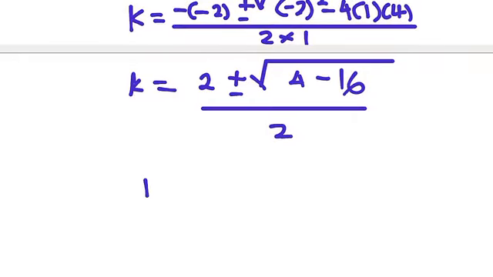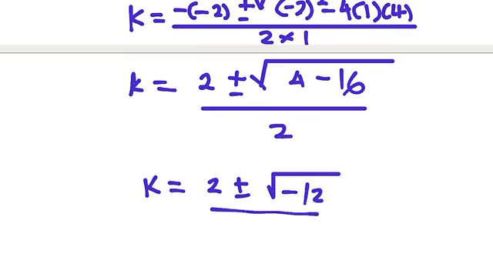So we're going to have k equals 2 plus or minus the square root of 4 minus 16. So we are still going to have minus 12, then divide by 2.